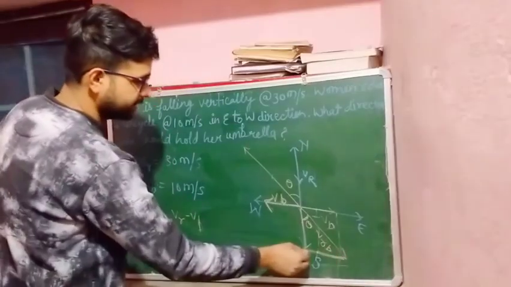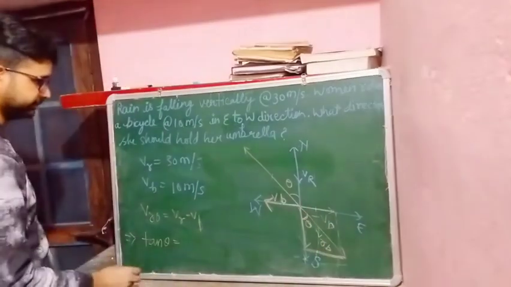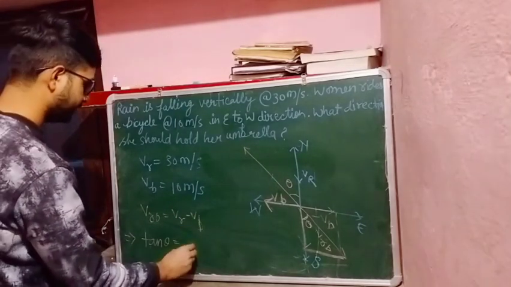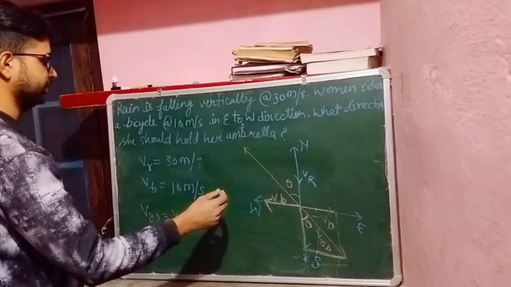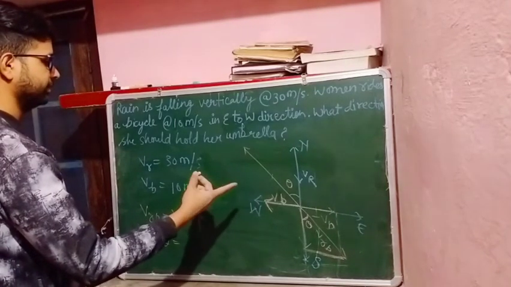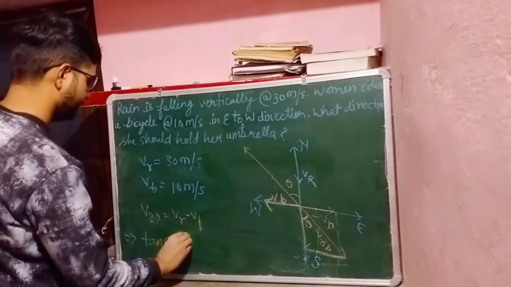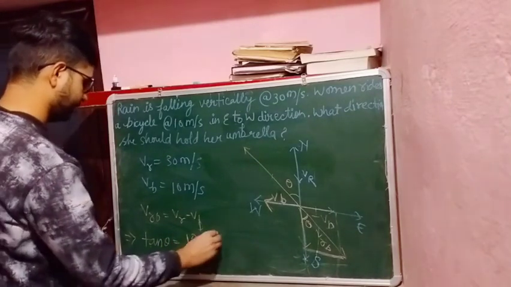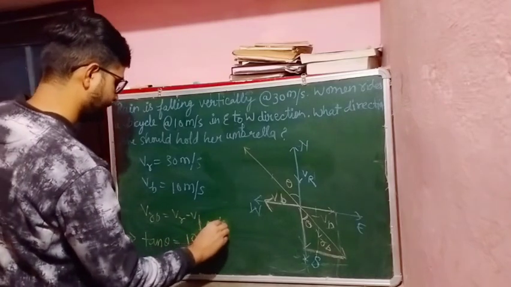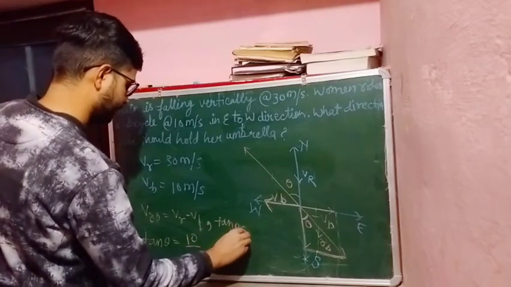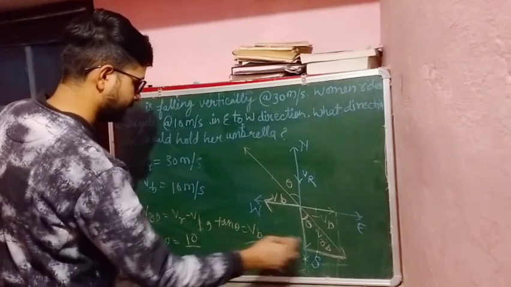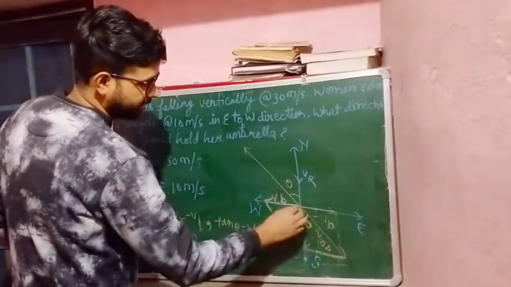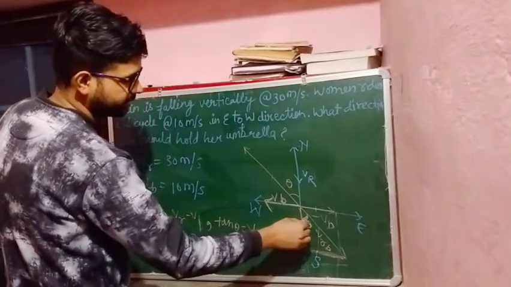So perpendicular is VB, which is nothing but the velocity of the bicycle, which is 10. This is the direction, and tan theta equals VB upon VR. Where is VB? This is VB. This is VB. Okay, this is theta.